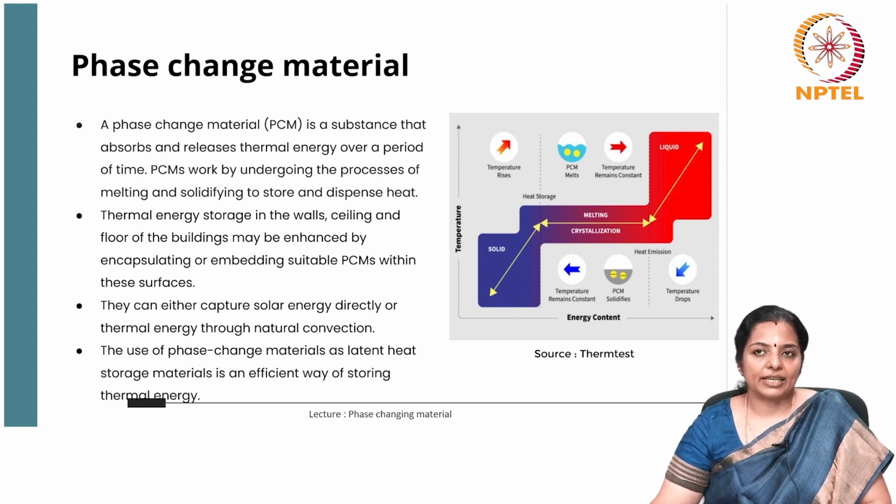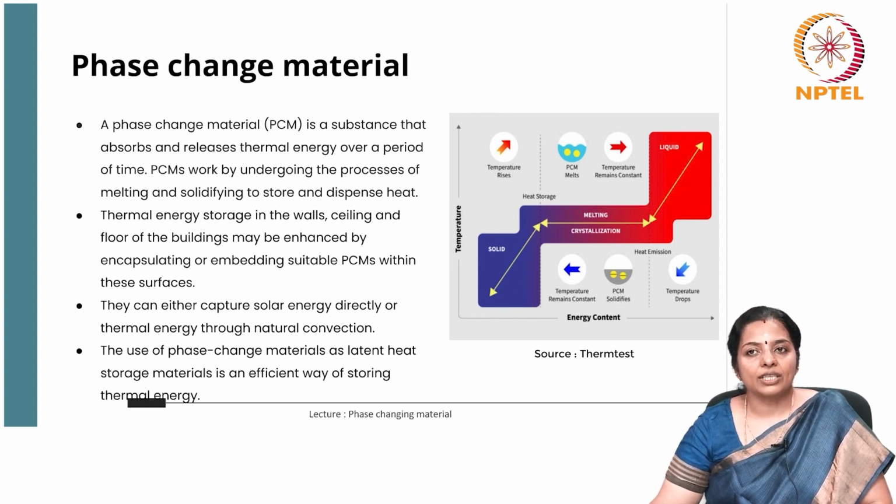A phase change material, PCM, is a substance that absorbs and releases thermal energy over a period of time. PCMs work by undergoing the process of melting and solidifying to store and dispense heat. In the process of storing and releasing thermal energy, the PCM material undergoes a change in state.